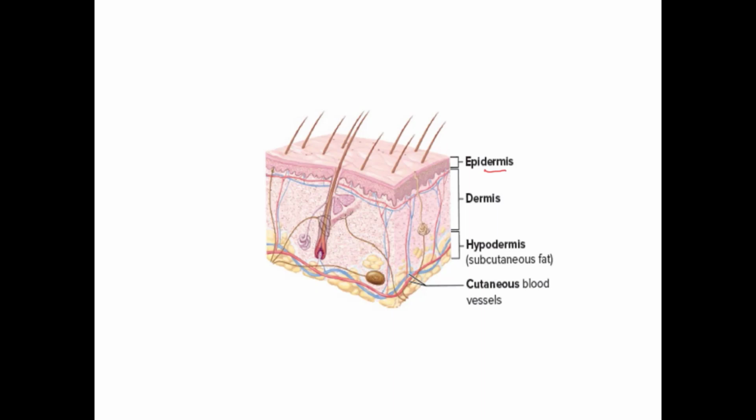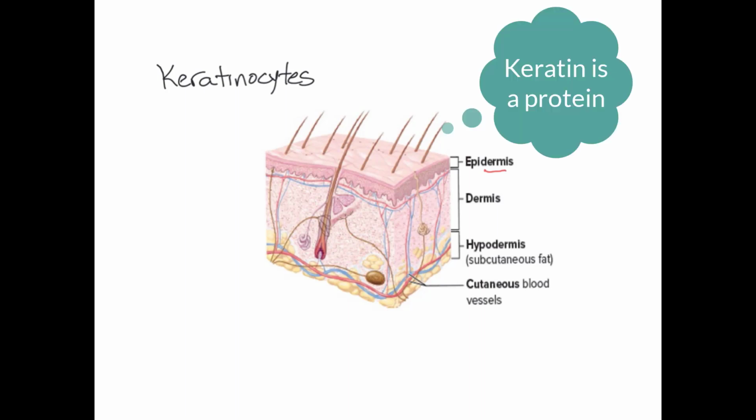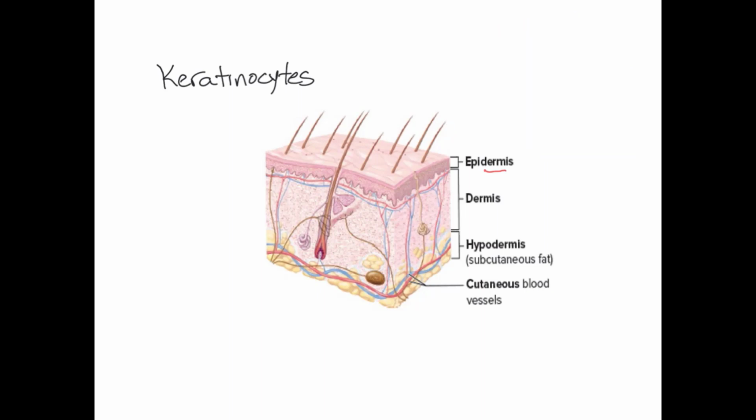Keratin, let me write that down. Keratinocytes. Keratin is the hardened, dead substance that forms a waterproof barrier.